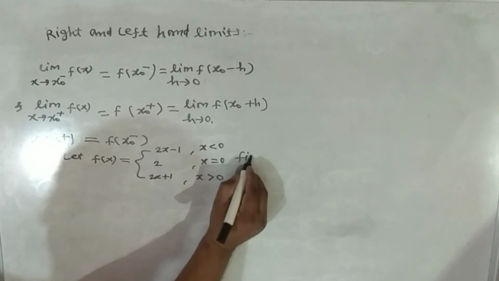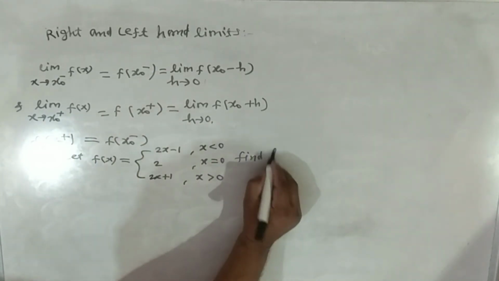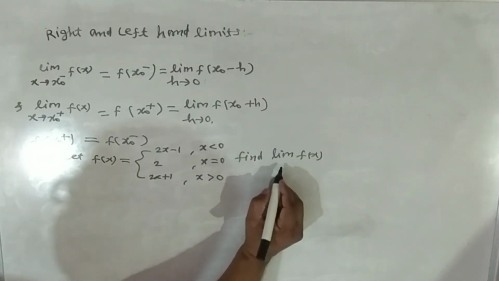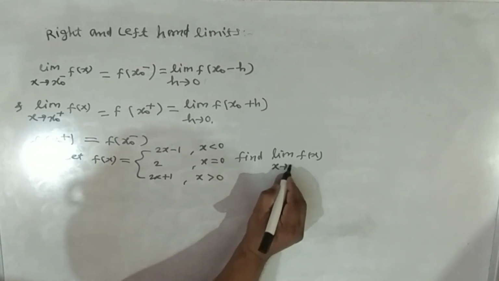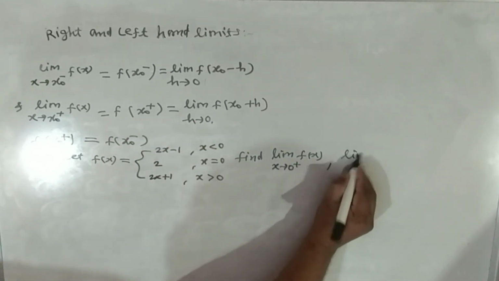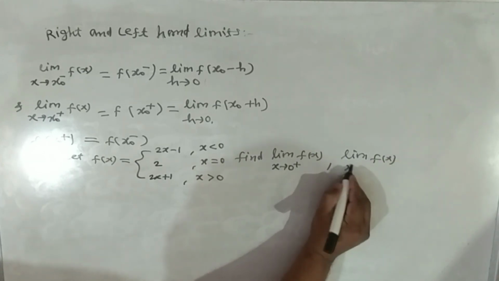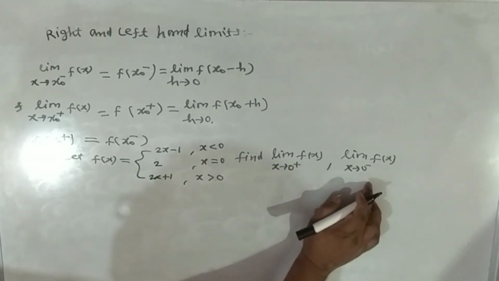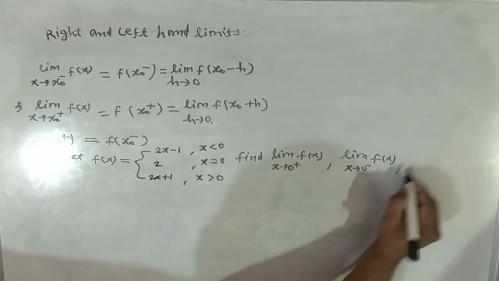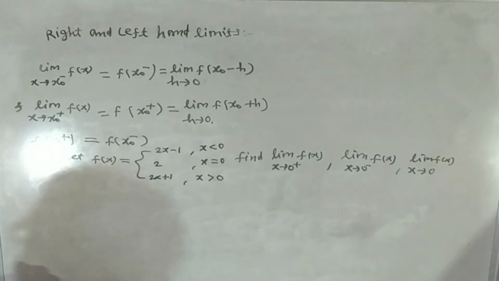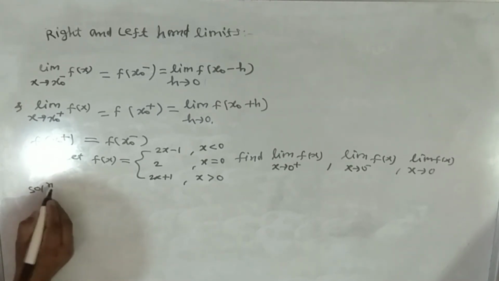We want to find the right hand limit, the left hand limit, and the limit of the function f of x as x tends to 0. Now see the solution of this problem.